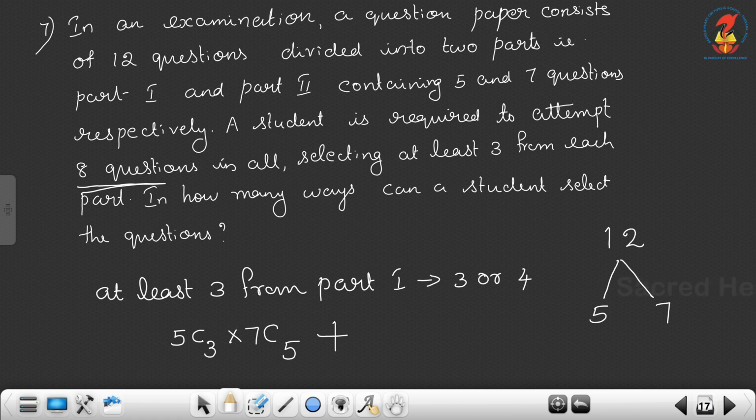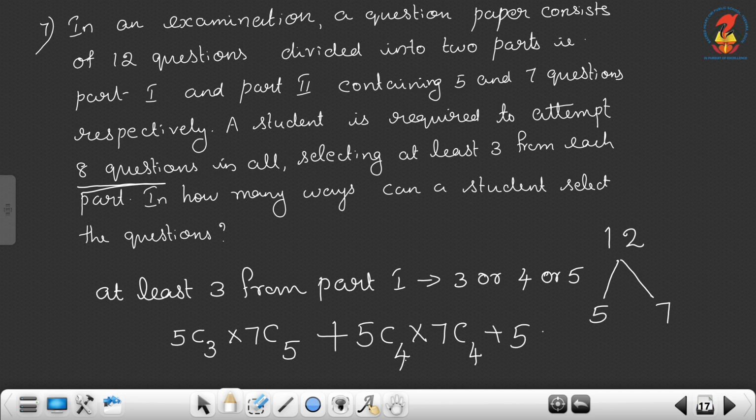What is the next case? 4 questions from part 1. So from 5 selecting 4, and the remaining 4 from the second part, that is from 7, 4 questions. 4 plus 4 is 8. Or what is the other case? Or 5 from part 1.